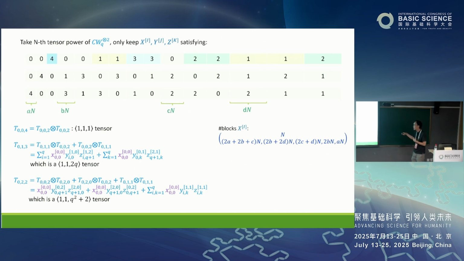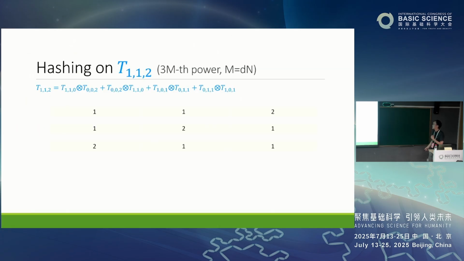So for 0,4,0, 1,3,0, and 0,2,2, they are matrix multiplication tensors. But for the 1,1,2, we still need a further hashing method to make it a matrix multiplication tensor.